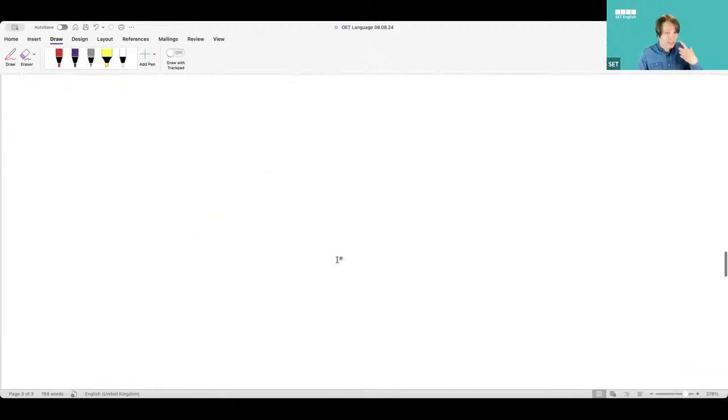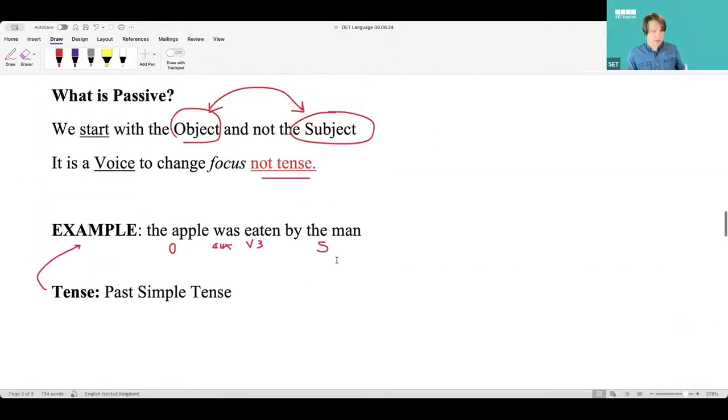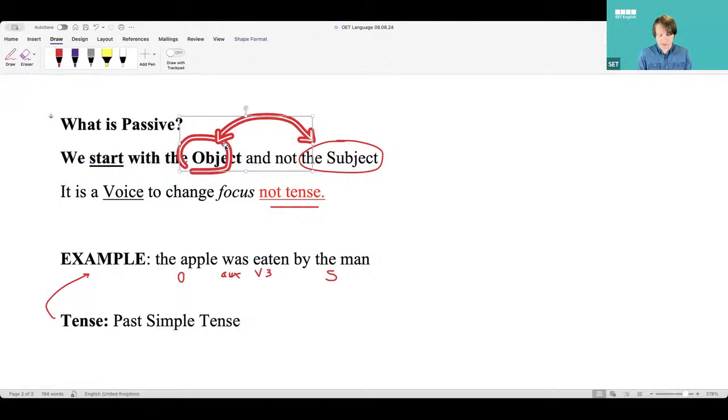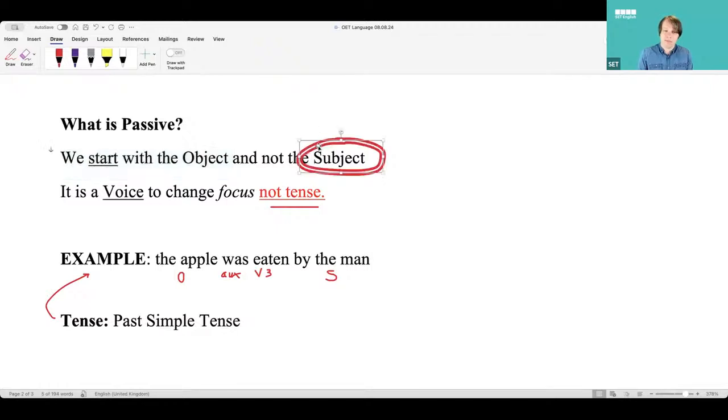So let me review quickly, because we're going to go into more detail in a minute. One more time, what is passive? We start with the object of the sentence. It's a voice, not a tense. You're not changing the tense, you're changing the focus of the sentence.